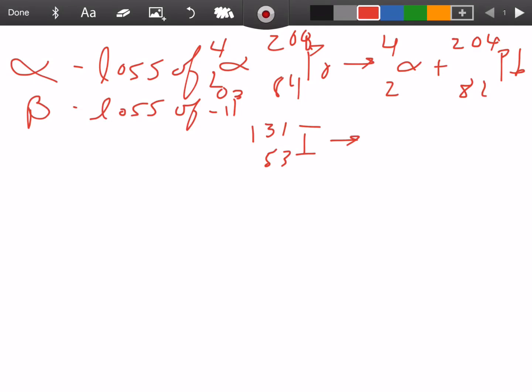If we are going to lose a beta particle, -1 and 0, then -1 plus something must equal 53, so that must be a 54 down below, and we have 0 change in mass, so that must be a 131 up above, and 54 for an atomic number is the atomic number of xenon.